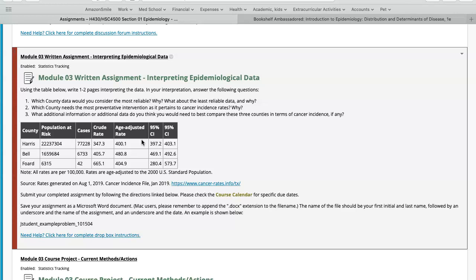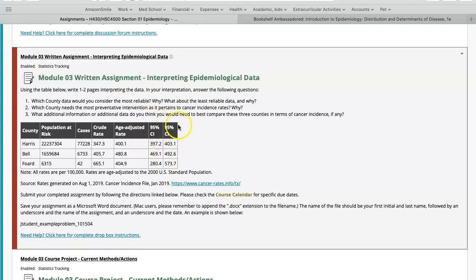So if you have a population that is older, then with a crude rate, it's going to appear that you have a higher cancer rate. When you adjust for age, it will give you an accurate picture of the rate of cancer in that county.